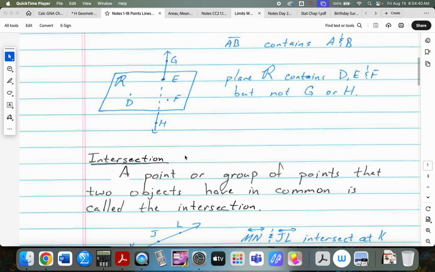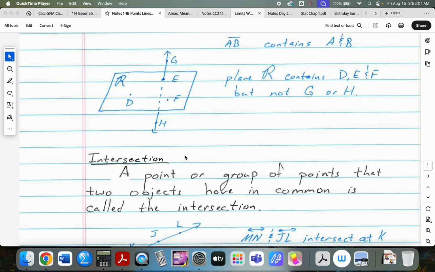Now, in this next diagram, this is how we're going to show something three-dimensional. So here we have plane R, and we've got several points on it, and we have a line going through it.